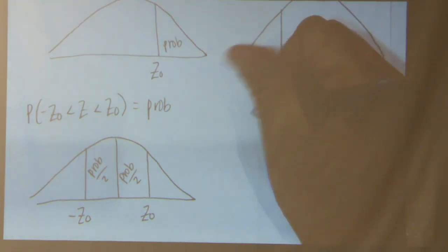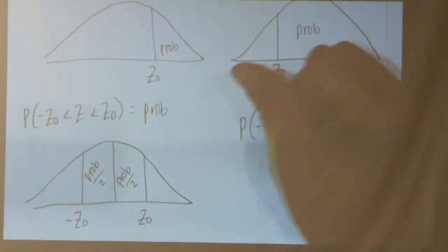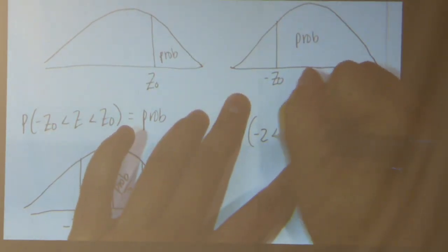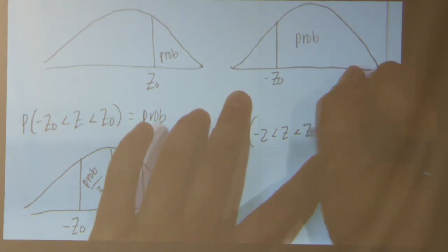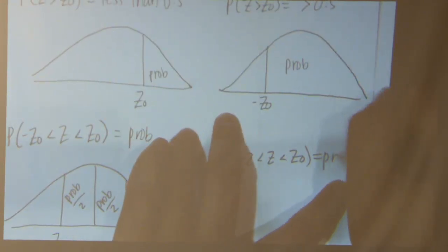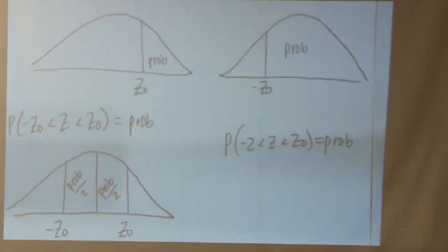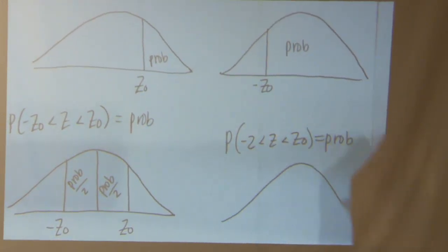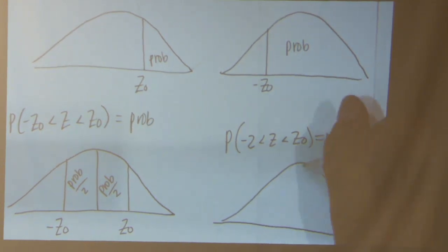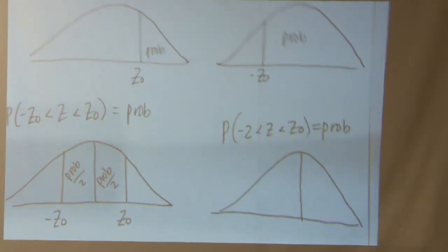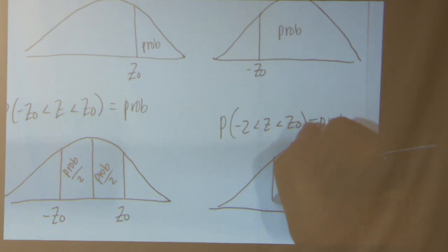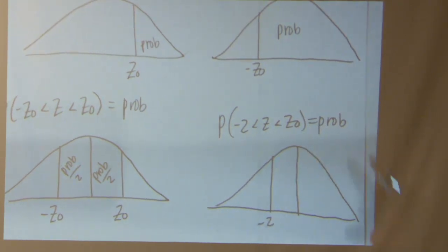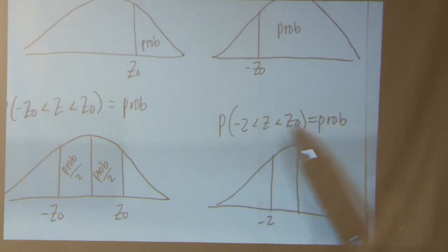If they gave you a problem that said negative 2 to something like that, where this is a 2, not a z, you'd set it up and place your midline. Negative 2 is going to go on the left. And now, depending on what this probability is depends on where you're going to place your z-score.